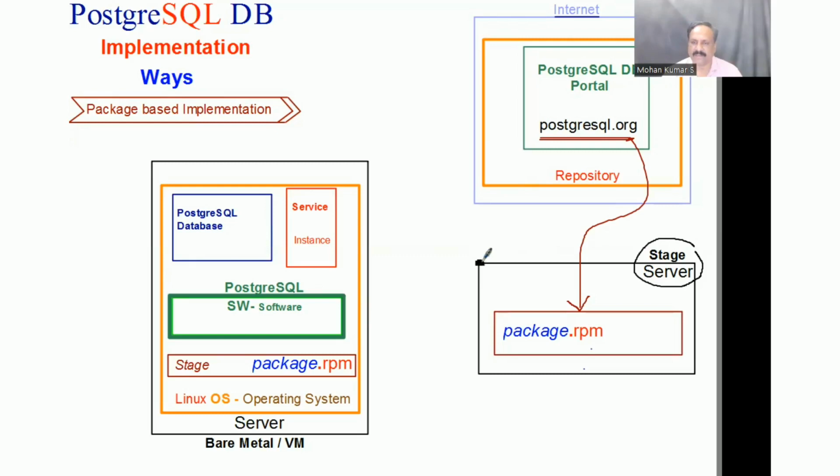From that server, the packages can be copied to the server on which you want to implement the PostgreSQL DB software. Then you install them from the local staging area. The consideration here is that we need to take care of all these steps, and the pre-required packages must be installed manually. But the advantage is that our server is not exposed to the internet. We are getting the software from the staging area.